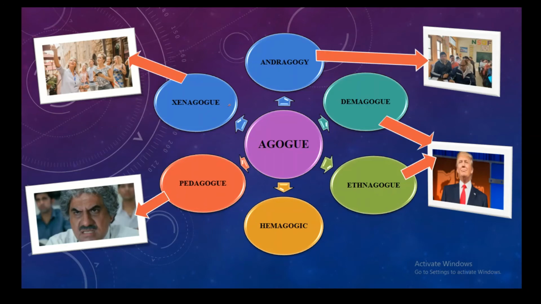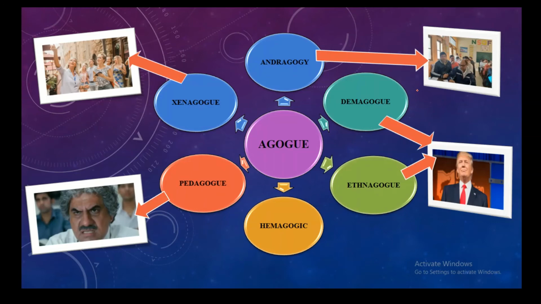Next one is andragogy. Andragogy meaning andra or andro refers only to males, but here the meaning is the method or techniques to teach adults. See in the picture, adult learners, so this is andragogy. Clear?